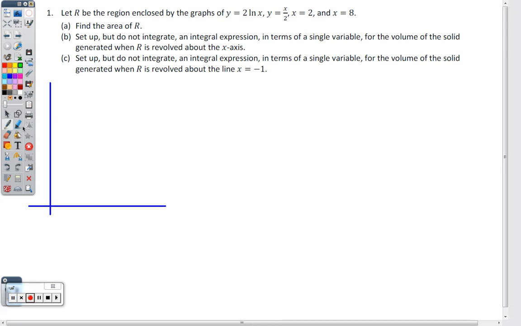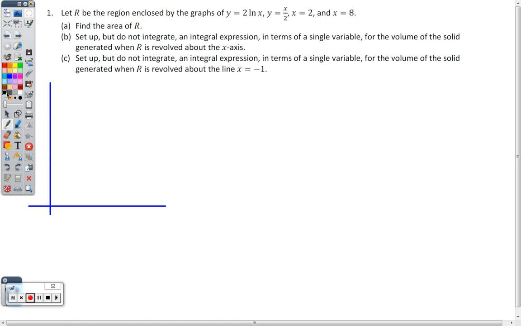Alright, so we have y equals 2 natural log of x. So natural log of x and anything multiplied by it is going to look something like that.